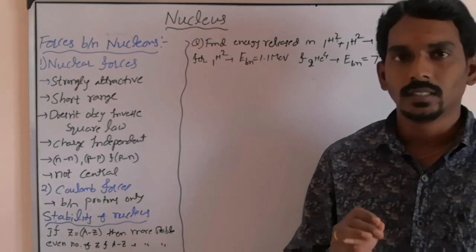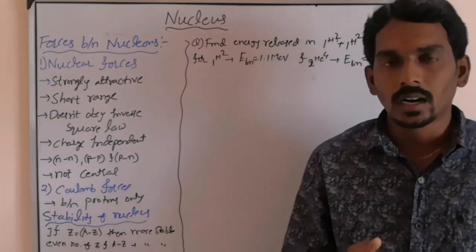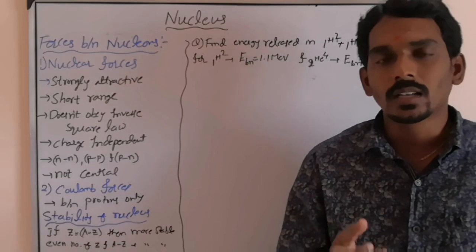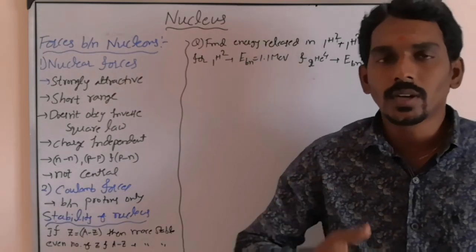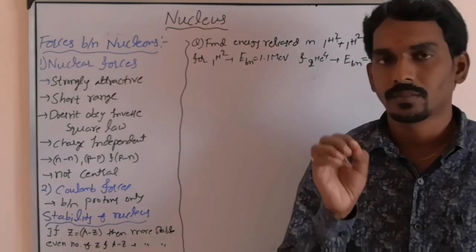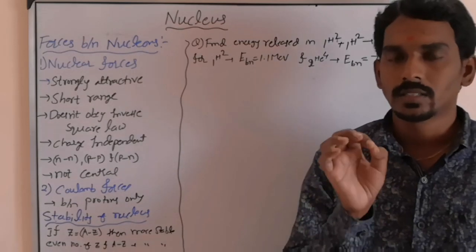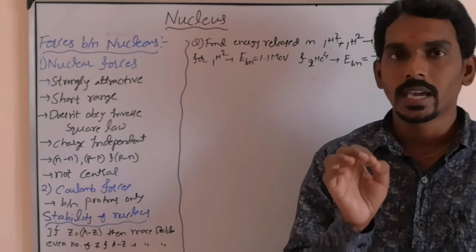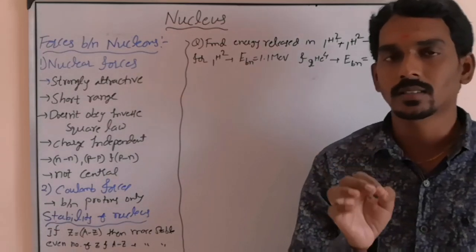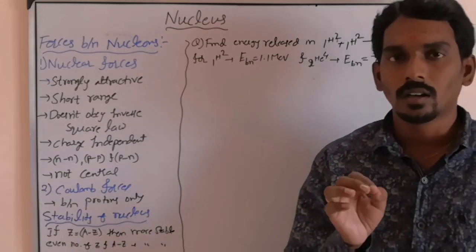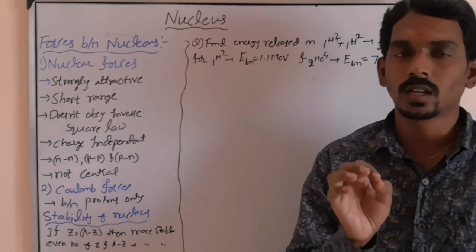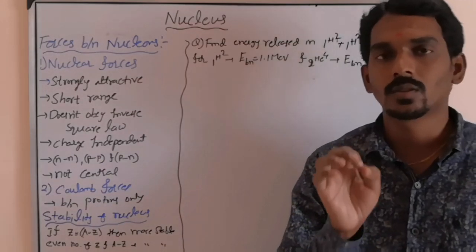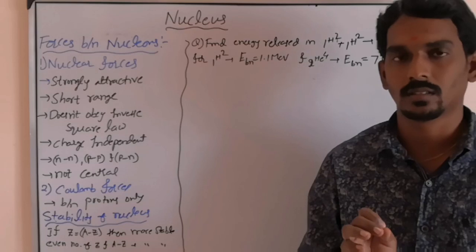And to find the total mass of the constituents of the nucleus, we have taken the formula Z times the mass of proton plus A minus Z times the mass of neutron, equal to the total mass of the constituents of the nucleus.